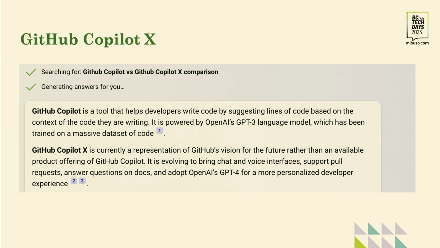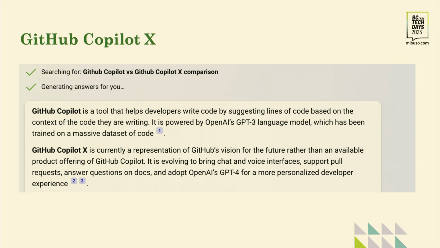Yeah, sure. So let's start with GitHub Copilot X, because we want our users to be happy with Business Central, but we also want the developers to be happy in VS Code.